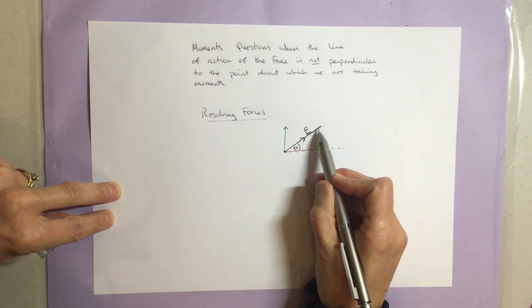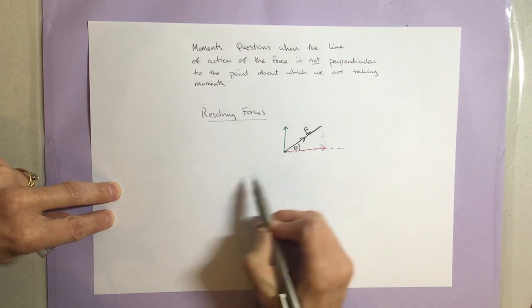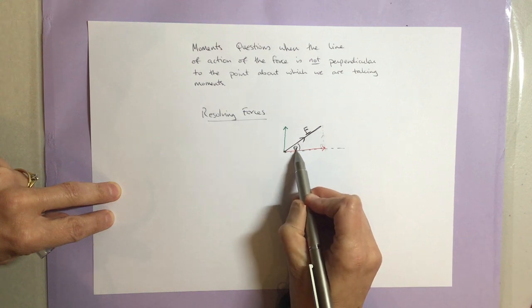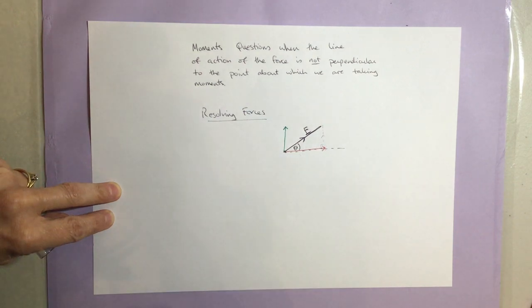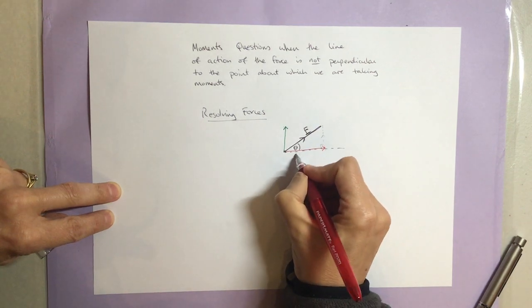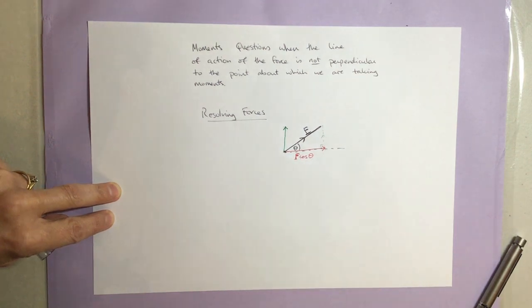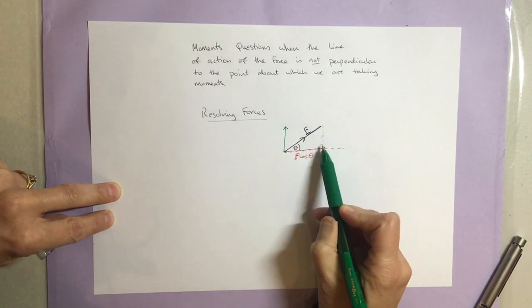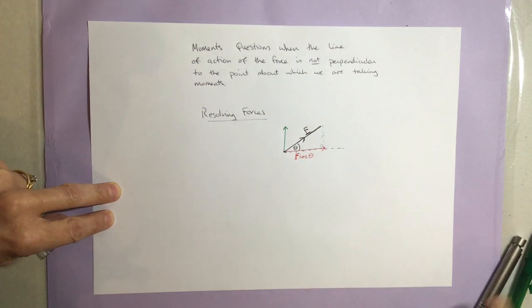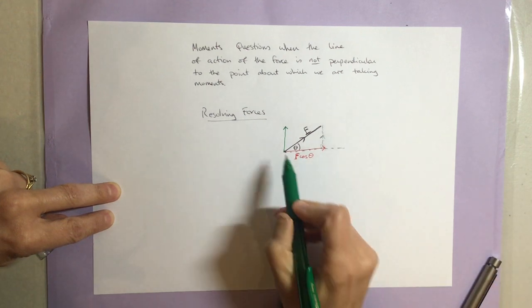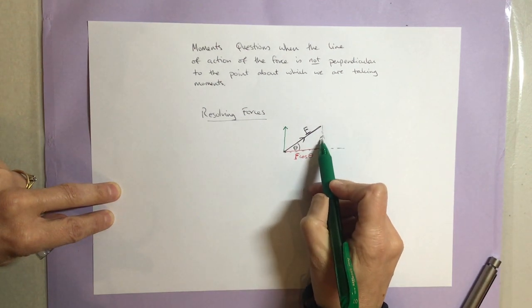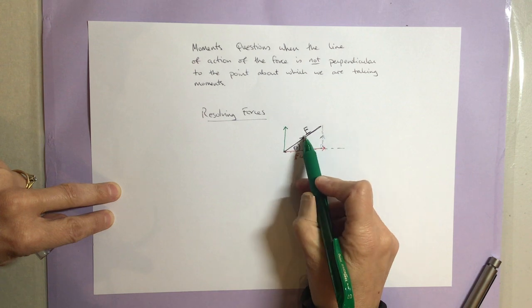Okay? And if we think about this right angle triangle here, then cos theta is adjacent over hypotenuse, so this is going to be the hypotenuse times cos theta, so the red is going to be F cos theta. And the green, which is equivalent to this vector here, is going to be F sine theta, because sine is opposite over hypotenuse.